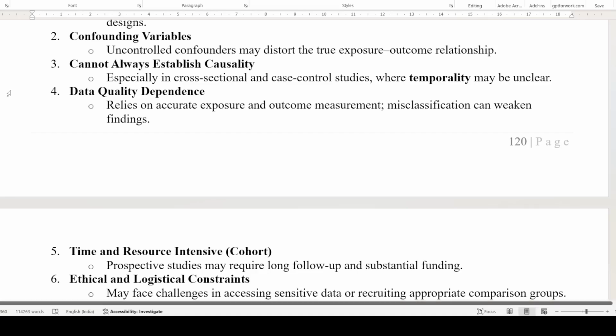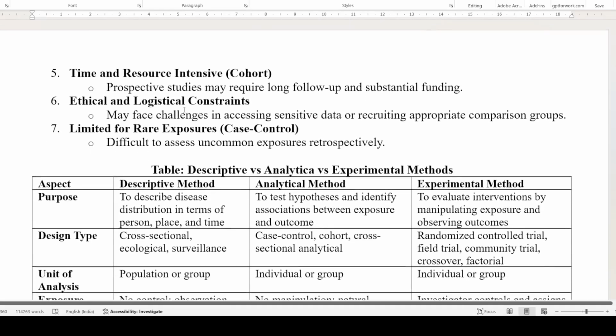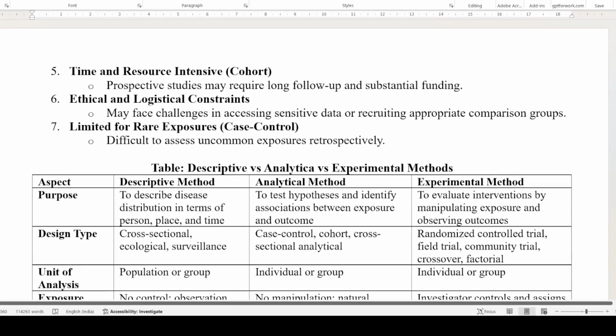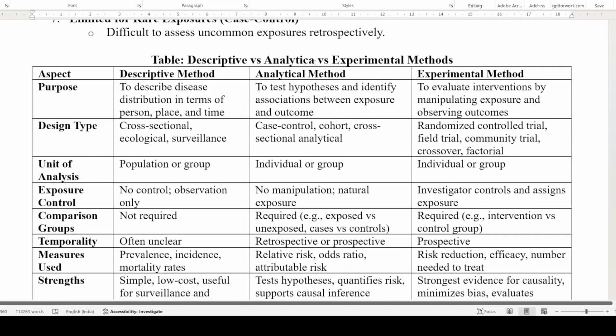Then there is data quality dependence. It is time resource intensive, meaning time taking; follow up and substantial funding are required. Ethical constraints are also there, and it is limited for rare exposures, meaning uncommon exposures can only be studied retrospectively. So these are certain limitations of the analytical method.